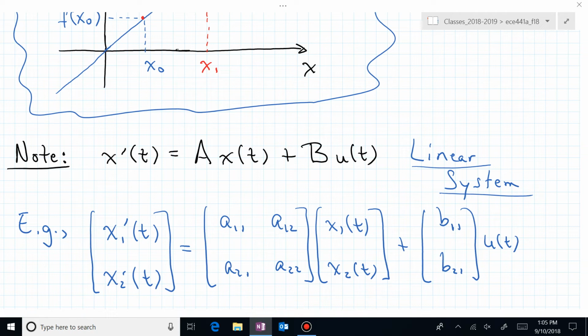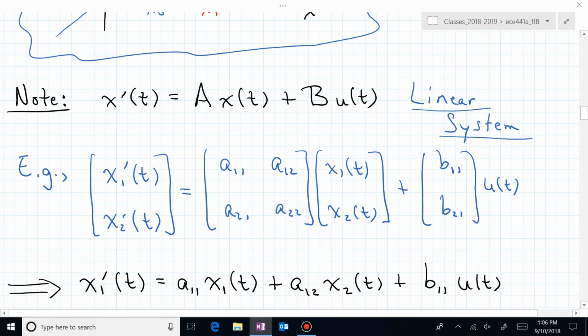Here in this second order example, I'm simply looking at one input and two state variables, but in general, as long as you have a matrix times x plus a matrix times u, that's a linear system. And in this class, those coefficients, or those matrix element entries, will not be functions of time. If they were, it would still be linear, but it would be time varying.